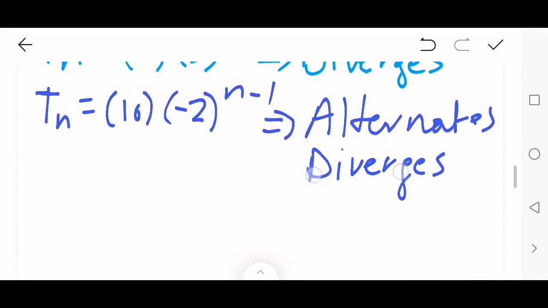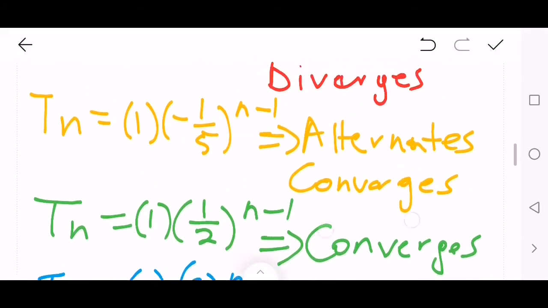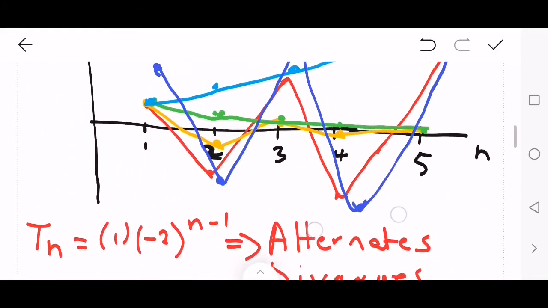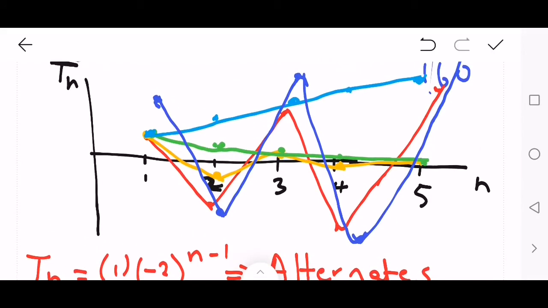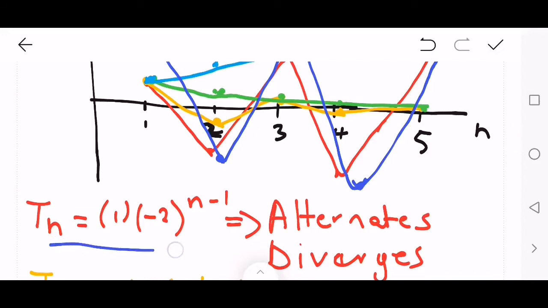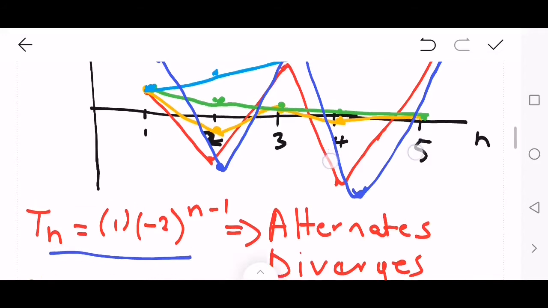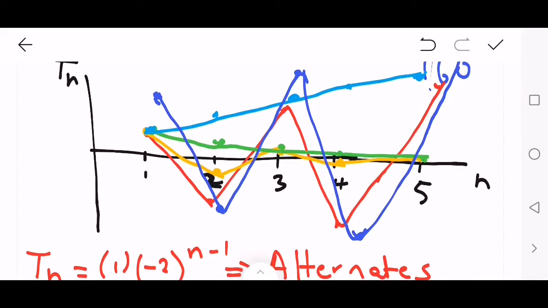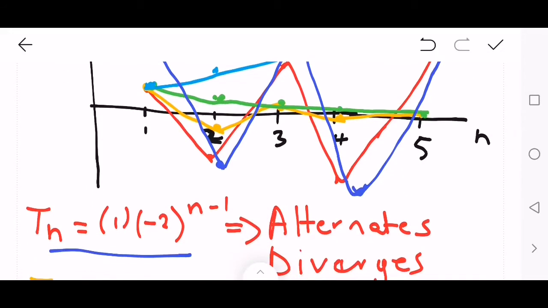But what we can also notice from this sequence is that it is similar to this one, and the only difference is that the sequence has values that are 10 times larger than for when a equals 1.